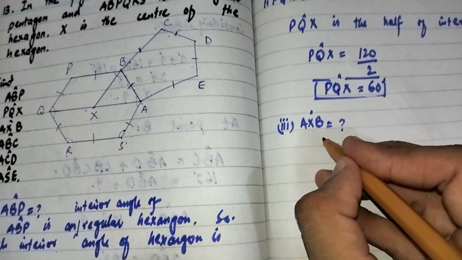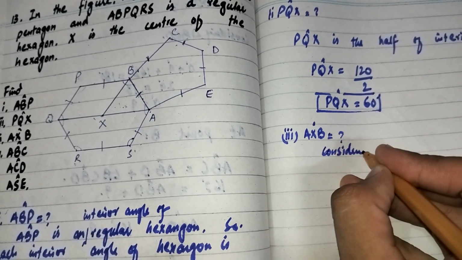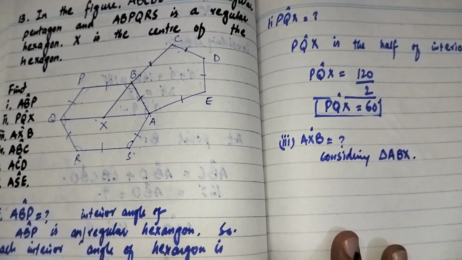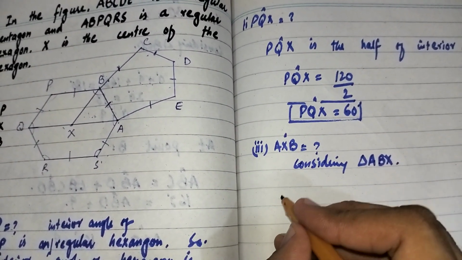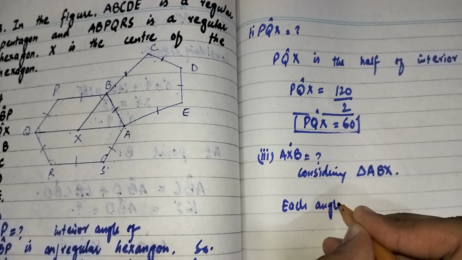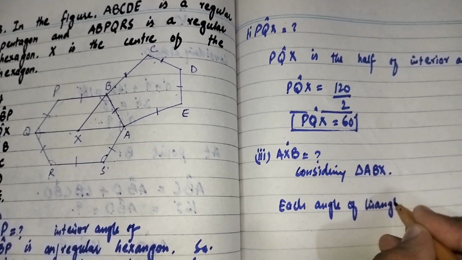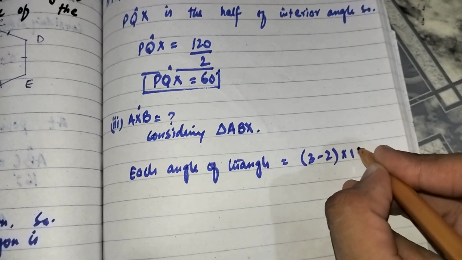So considering triangle ABX, in this triangle each angle of triangle will be equal to 3 minus 2 multiplied by 180 degree.